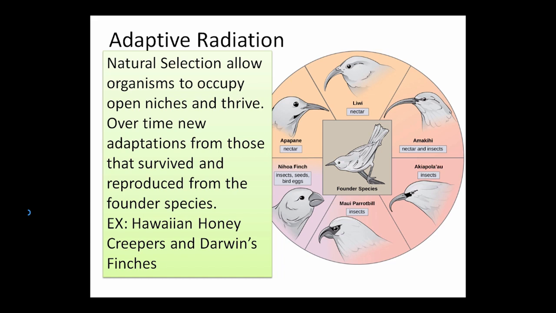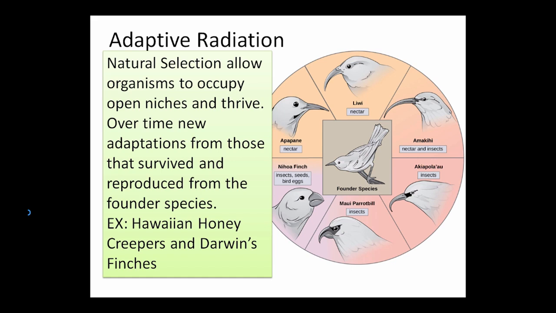So examples, we see this a lot on islands. The Hawaiian honeycreepers in Hawaii, you have a founder species, and from that founder species over time, we have all these other different honeycreepers.